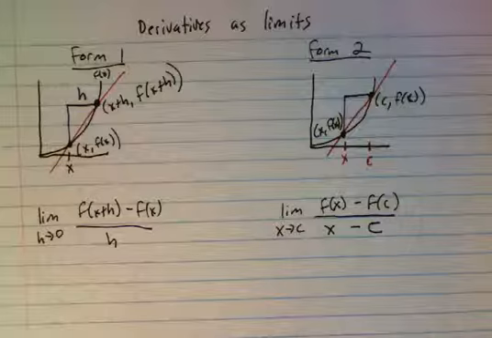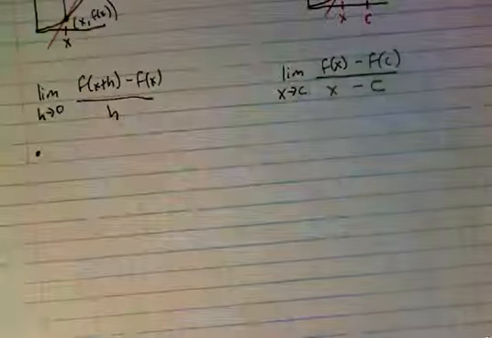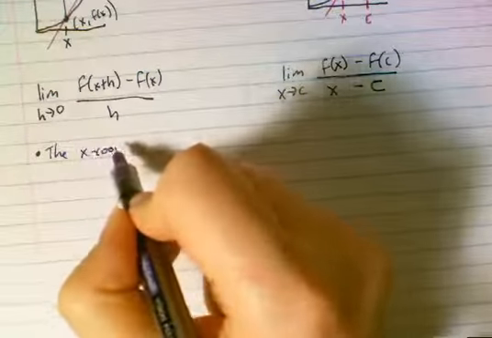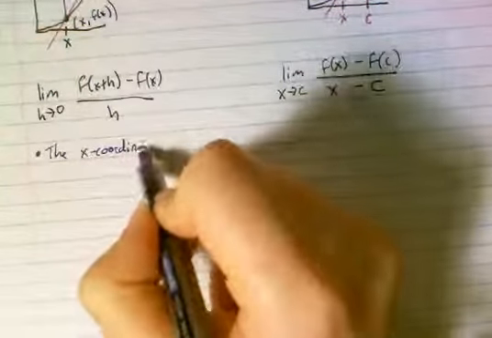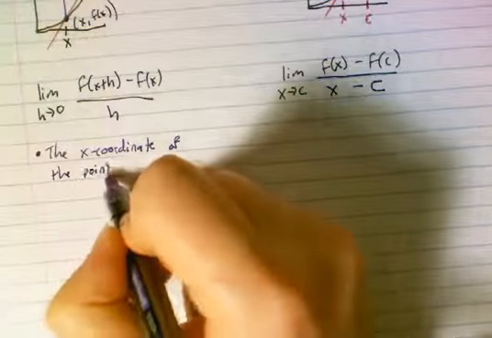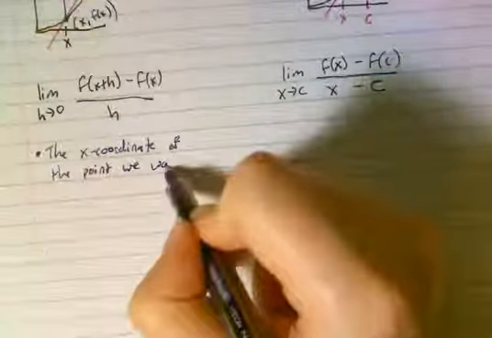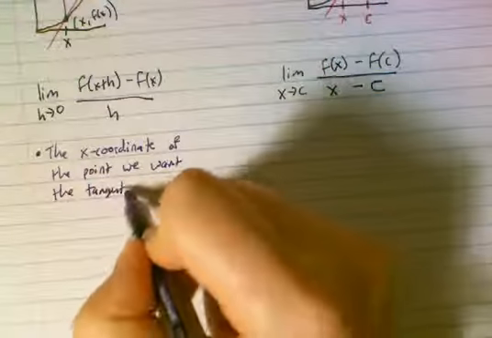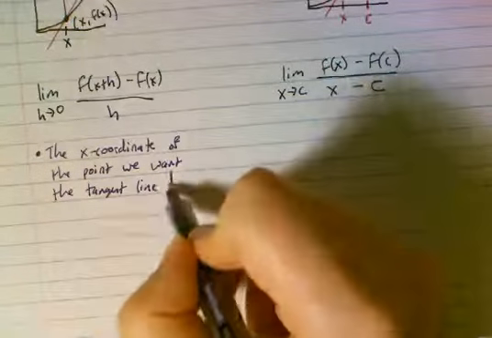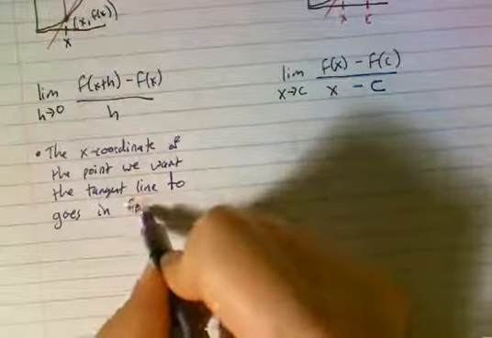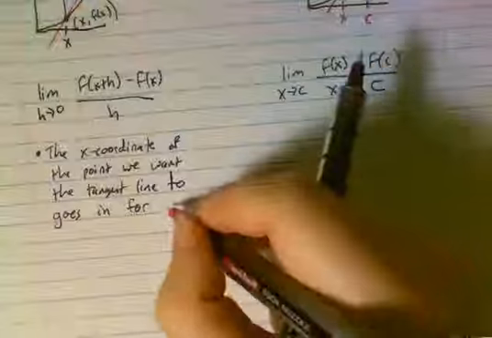So let's do a little compare and contrast on these. On this one, the x-coordinate of the point we want the tangent line to goes in for x.